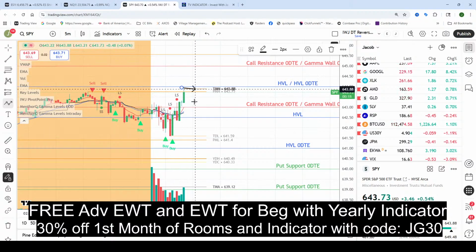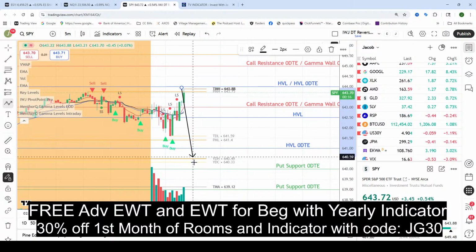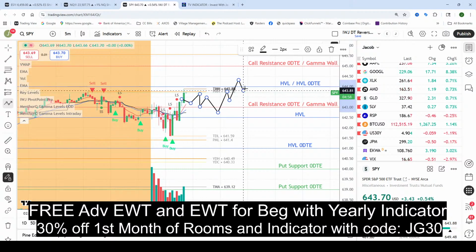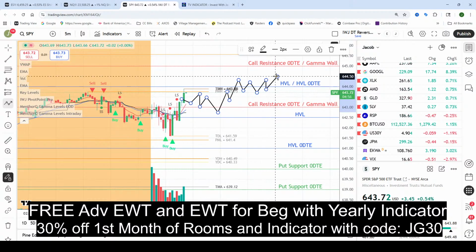Unless they fail and break down here, and then you'll see them come on down and break through. But if we get the trend day parameters in place, it means that the low of the day is likely in, and that the market will hover above that in one way or another, whether it's straight up or otherwise. It doesn't have to be a huge up day.